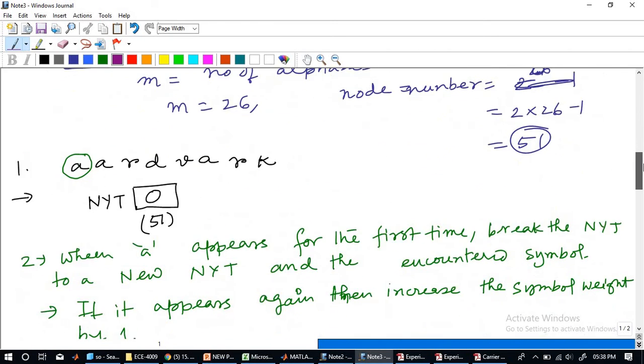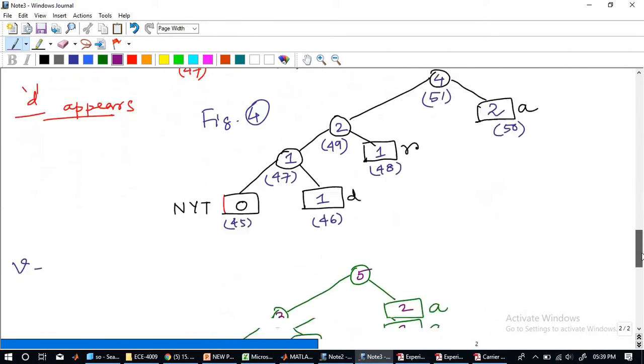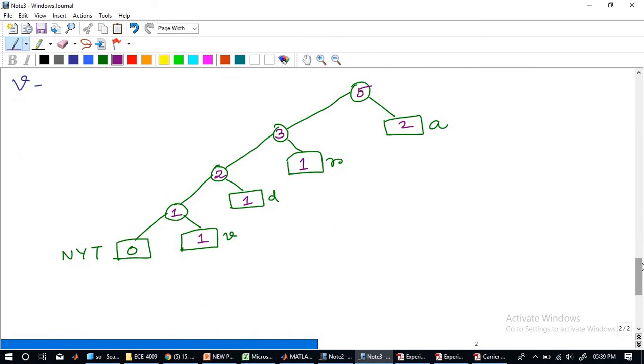Keeping this in mind, if I go back to V, when V has appeared, can we observe the same thing happening here? In this segment, we are observing a scenario where the left hand side node has greater weight compared to the right hand side node. This is 3, this is 2. So it's violating the policy of the process.